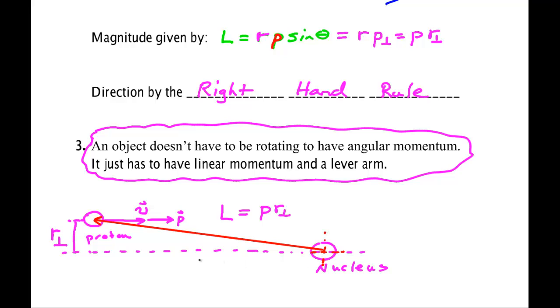It is actually easier, since I know p is like this, to take the perpendicular distance and multiply it by p to find the L. So even though it's going in a straight line, it can have an L. What it has to have is a p and a perpendicular part of r. If it has those two things, regardless of the shape of its path, it has angular momentum.